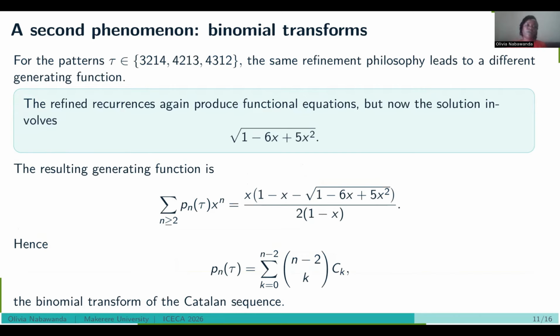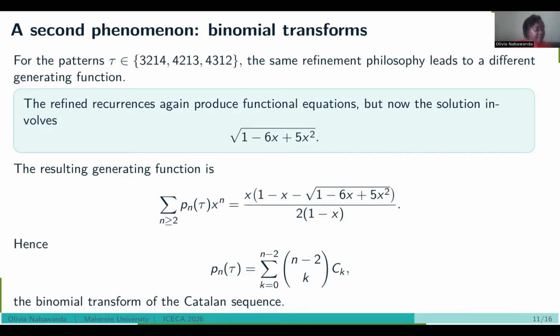A second phenomenon is where we have the binomial transform of the Catalan numbers. This works for patterns as listed here. And for these patterns, we use the same refinement philosophy as in the previous case of 2413. And we end up with a recurrence relation.